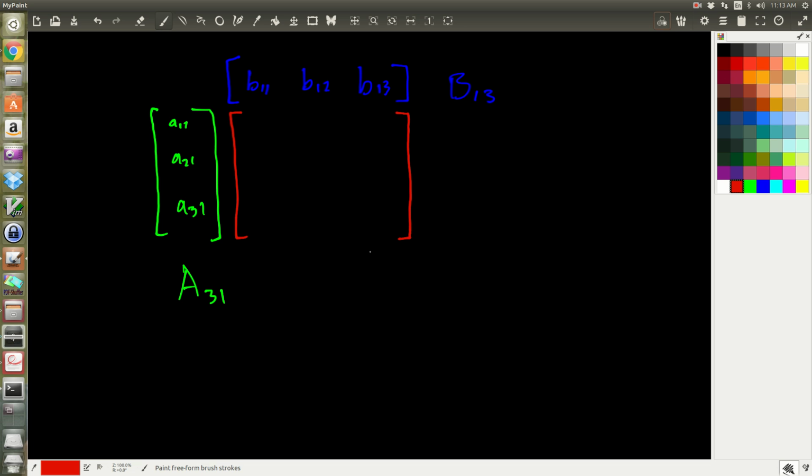And this kind of matrix multiplication of 2 vectors is called an outer product. The outer product of two vectors results in a matrix.